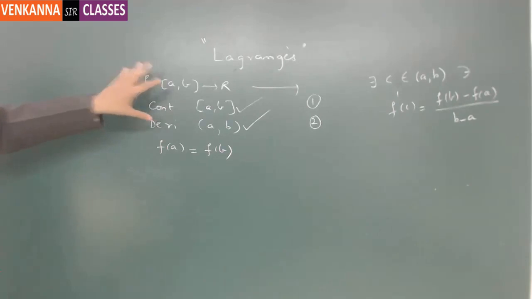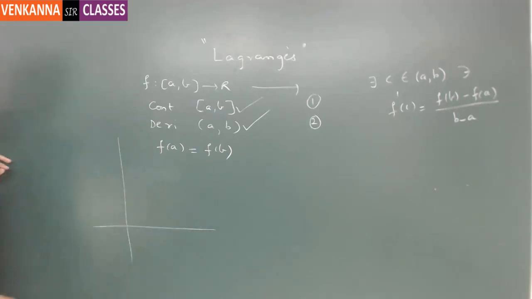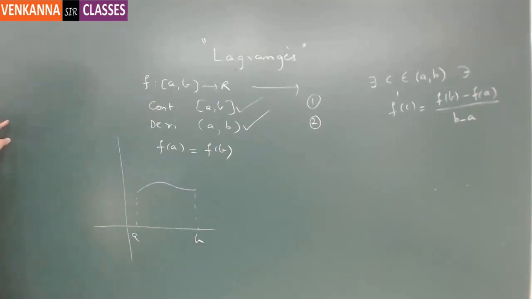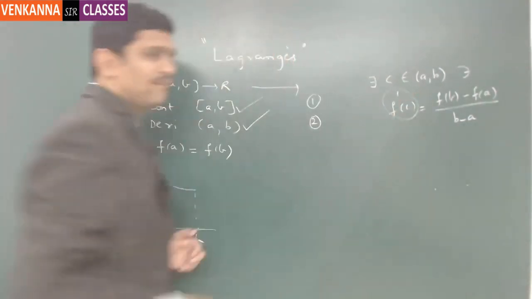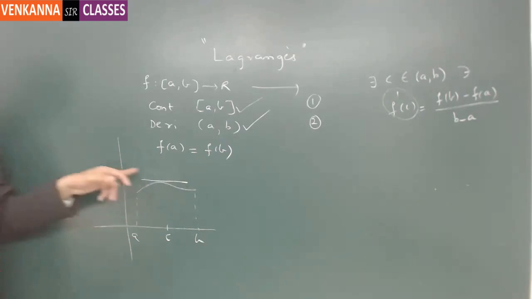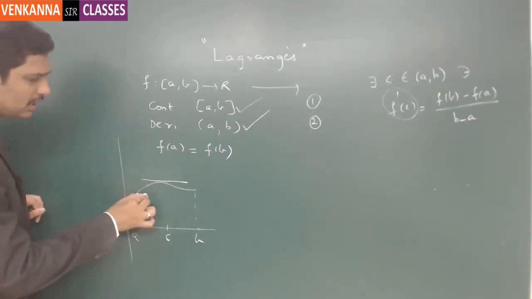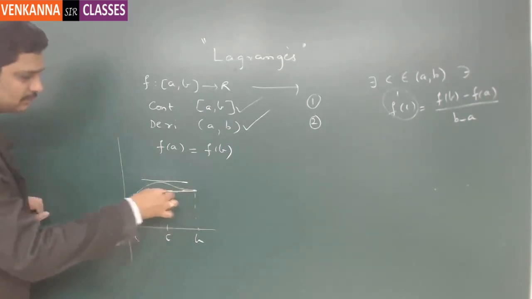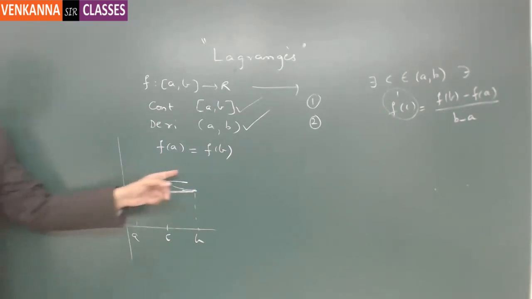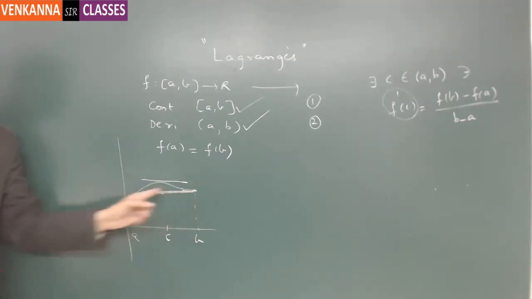Now if you talk of the geometrical significance of Lagrange's mean value theorem, let us take that this is the graph from A to B. Then you are going to find a point C such that f'(c) gives the tangent at the point C, and this tangent is parallel to the chord joining the points A and B. So you are going to find a tangent at the point C which is parallel to the chord joining these two points.